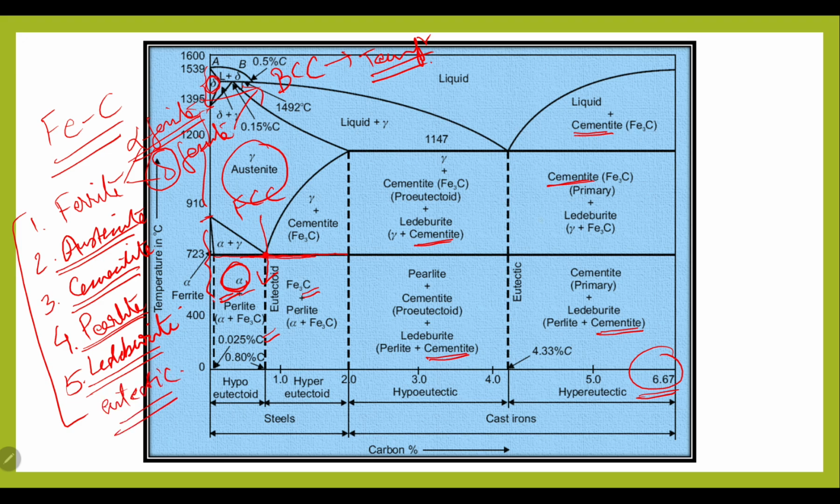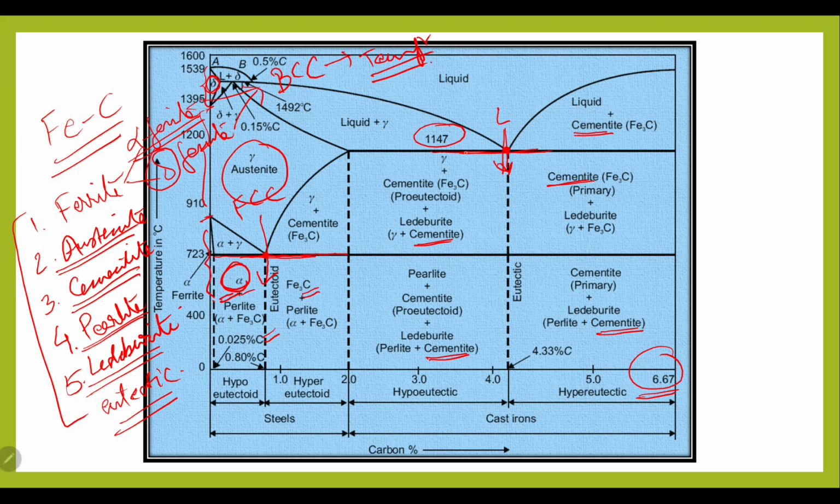So the eutectic reaction occurs at this point when liquid changes to solid. Here the temperature is 1147 or 1143 degrees centigrade, and this is the eutectic point. Invariant reaction occurs in this region.